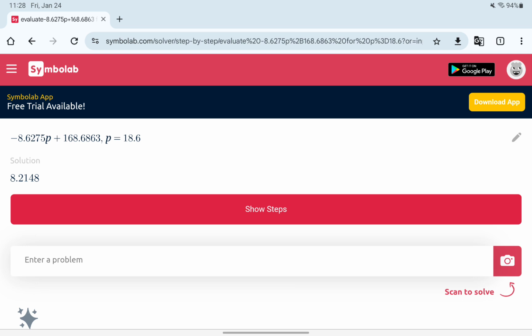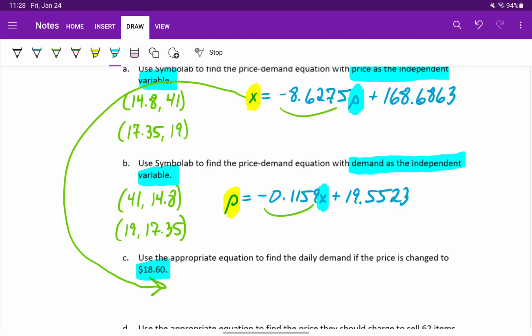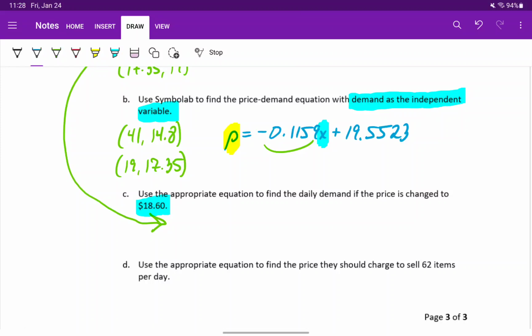And we get a value of 8.2148. The way we would want to report that answer is to say that X is approximately 8, because X corresponds to demand, the number of items sold. We can't sell a portion of an item, so we have to round that to the nearest whole number.